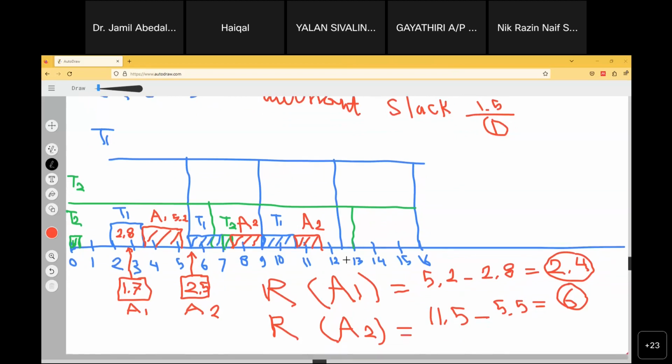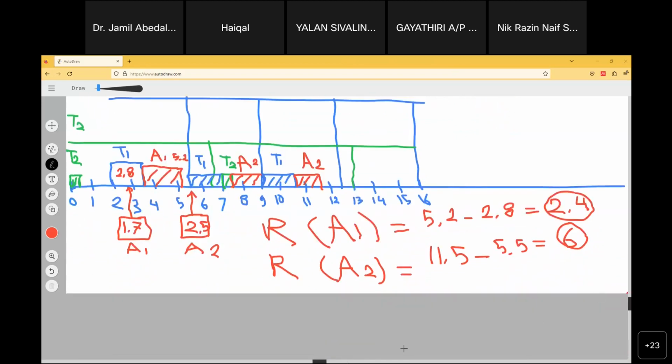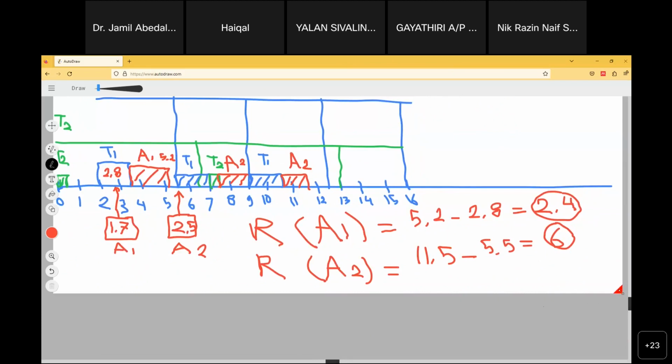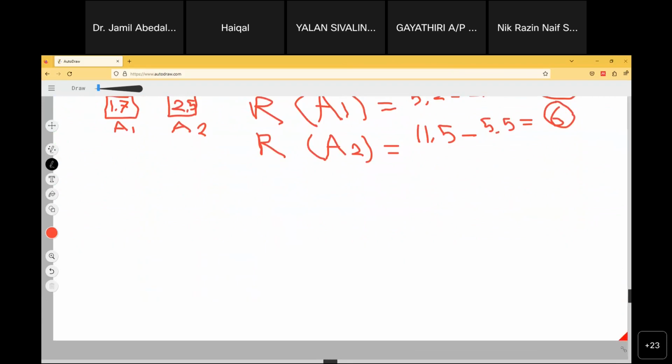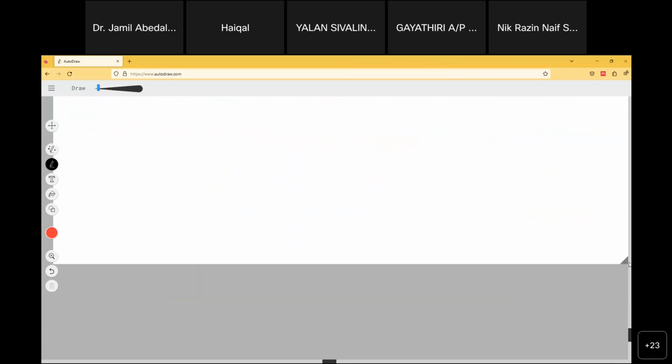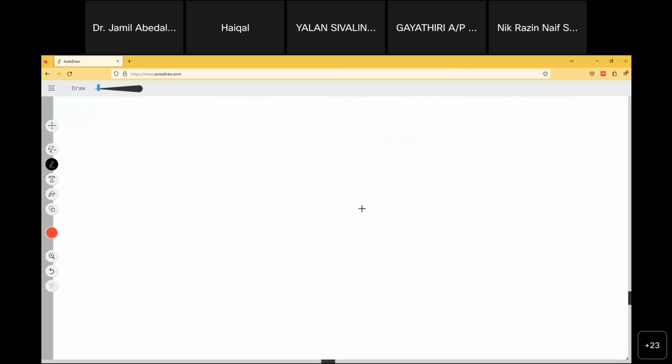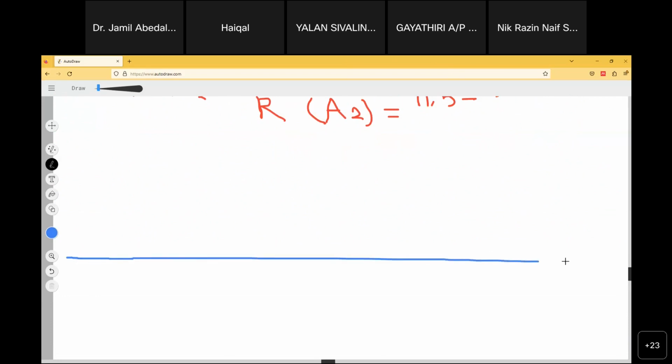I'm going to show you how to draw the timing diagram using the slack stealing scheduling. Same example, but the first one without slack stealing, and the next with slack stealing. So we draw the same timing diagram from 0, 1, 2, 3.